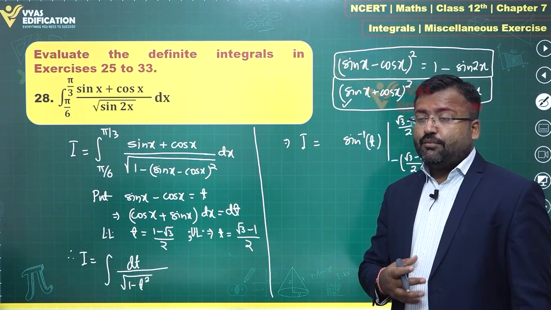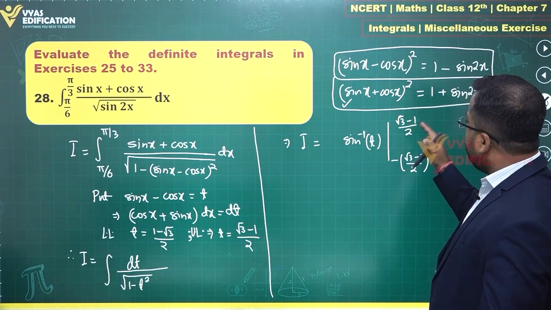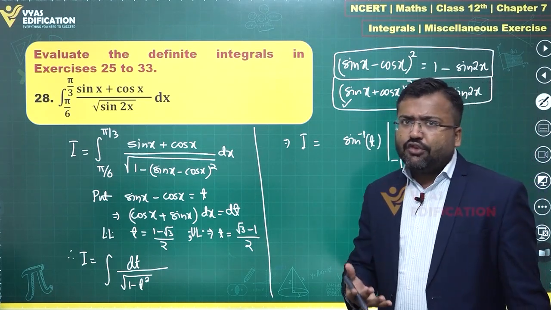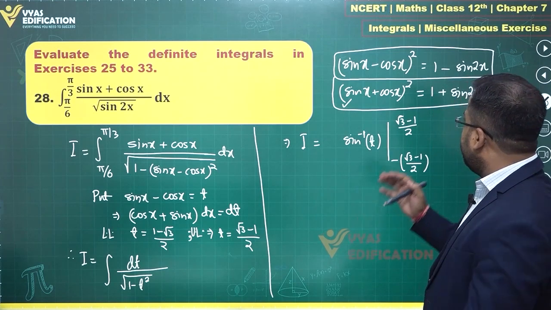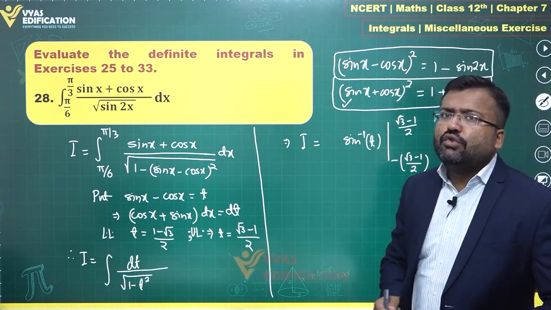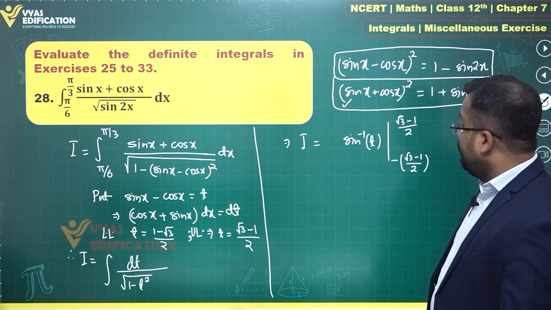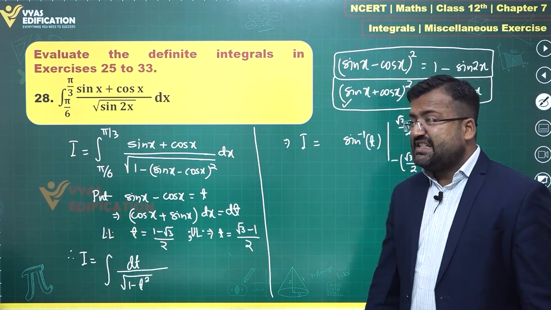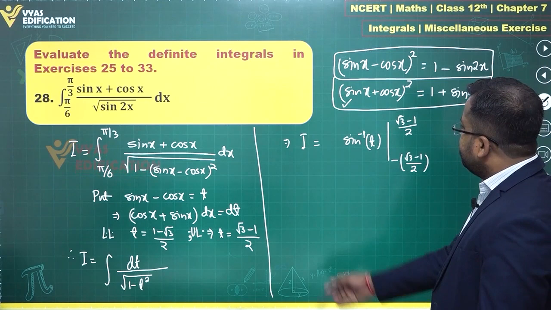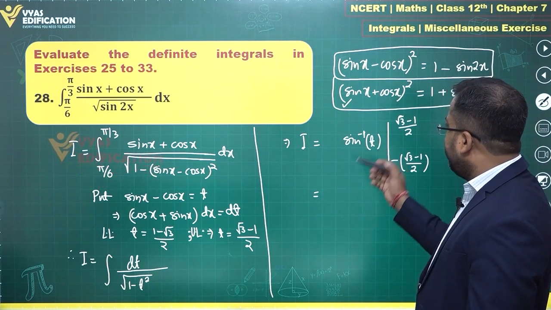Does not seem so, because had this been root 3 minus 1 upon 2 root 2, yes, we would have thought about it, because that would be 15 degree, that is pi by 12. But root 3 minus 1 upon 2 is no standard value. So we'll have to leave it as it is.